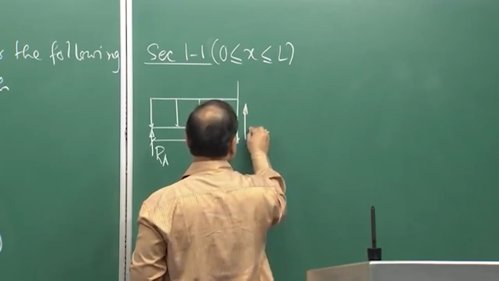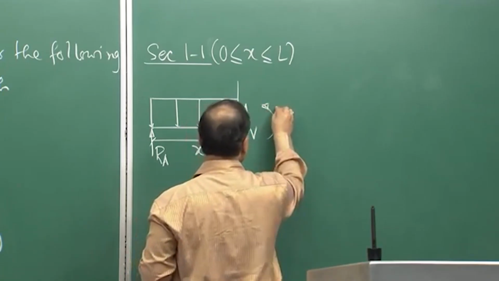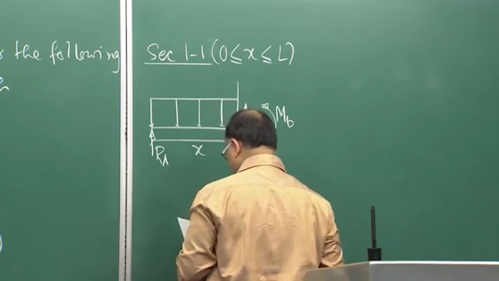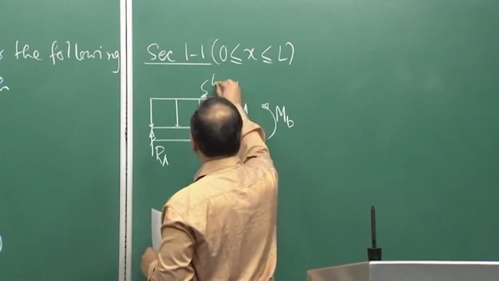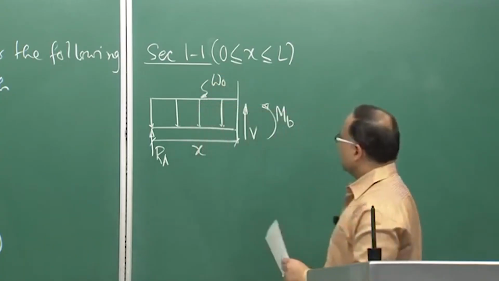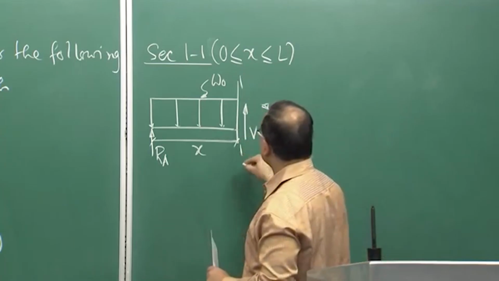This is my shear force V, this is my bending moment MB, and this is W naught. So this is your section 1.